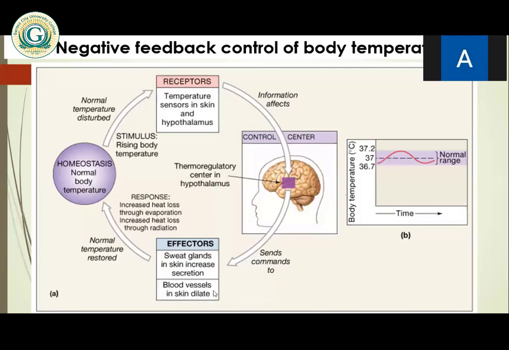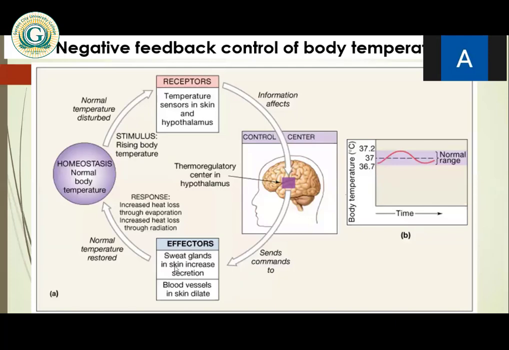So directly, you are going to increase dilation of blood vessels. When you increase dilation, you are opening up blood vessels for easy blood flow to the surface of the skin. When that happens, you also tend to increase the rate at which heat is leaving the system.